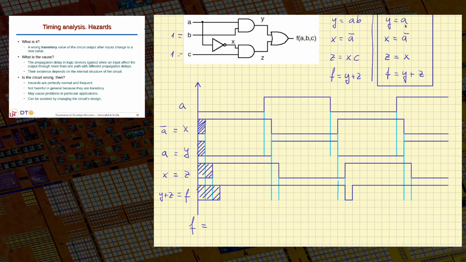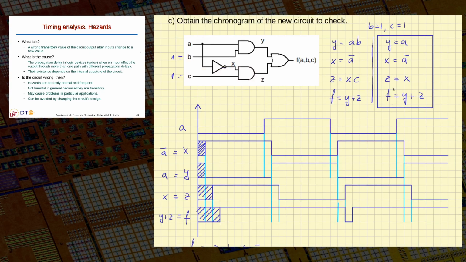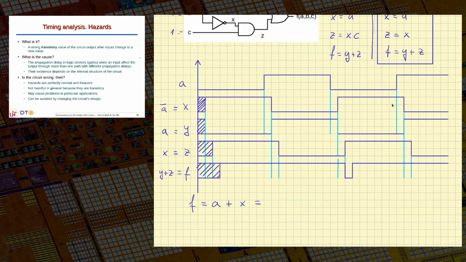Y is A, and Z is X. But in turn, X is A complemented, okay? So it's A plus A complemented. And this makes 1. So functionally, the value that F should take under my conditions is always 1, no matter if A is 1 or if A is 0, okay? This is the value I expect from my output, the functional value.